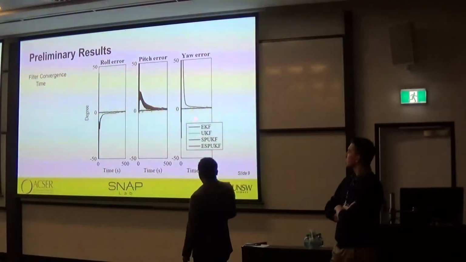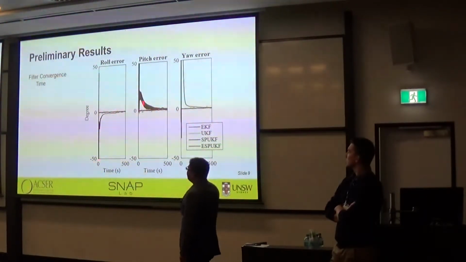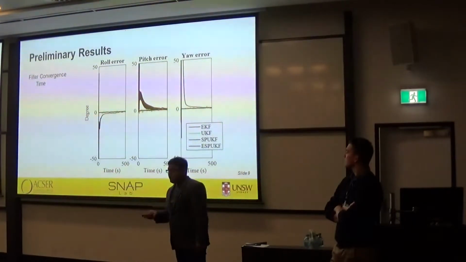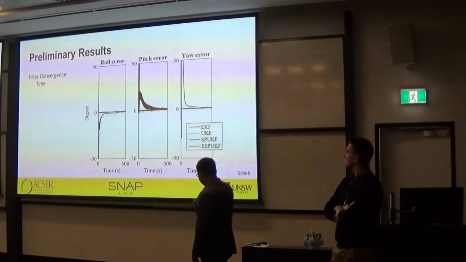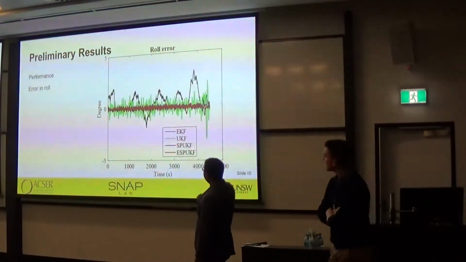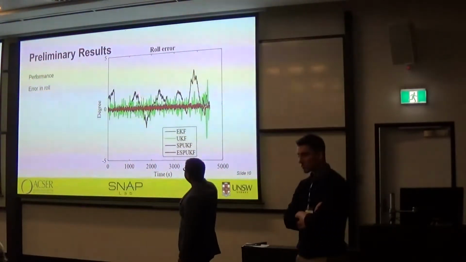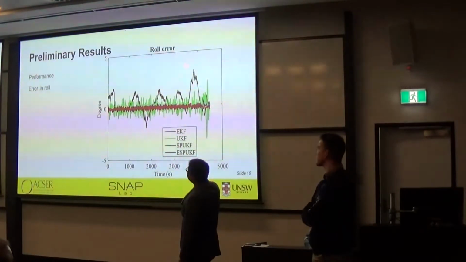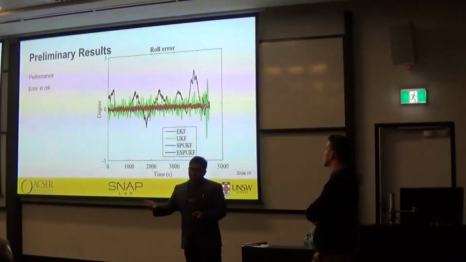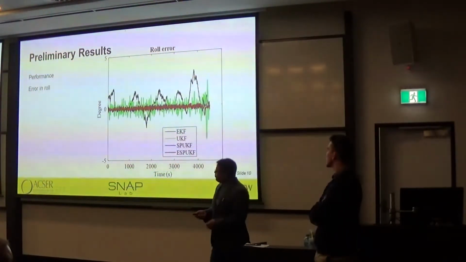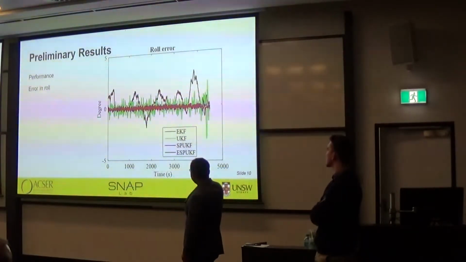So this convergence time can be improved using unscented Kalman filters, and then we look at the long-term performance. Here you can see that this extended Kalman filter is going up and down. It's still within the range of plus minus 2 degrees, but we can see that unscented type filters have better performance. These sudden jitters are not there in unscented type filters.